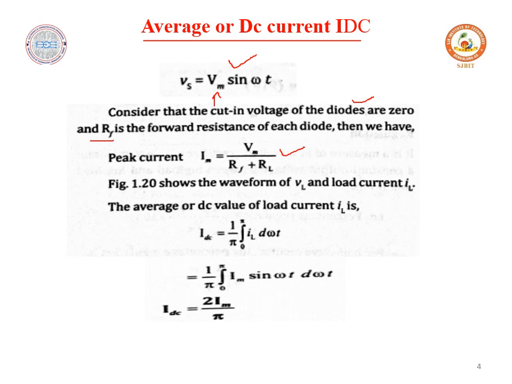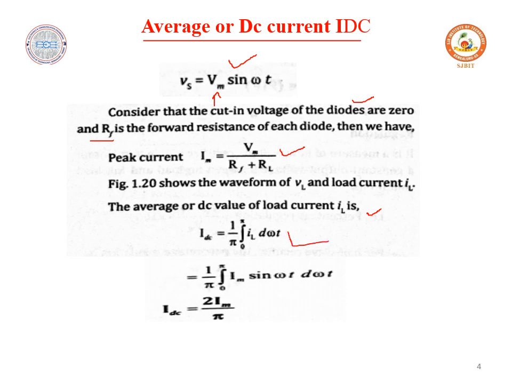Then we are going to find out the DC value of the load current IL. We can write IL as Im sin omega t. So consider the equation IDC equals 1 by pi integral from 0 to pi of IL d omega t when you are going to find the DC current.